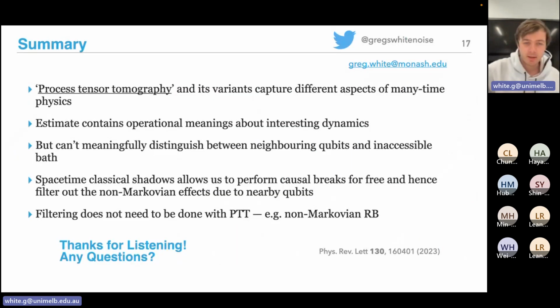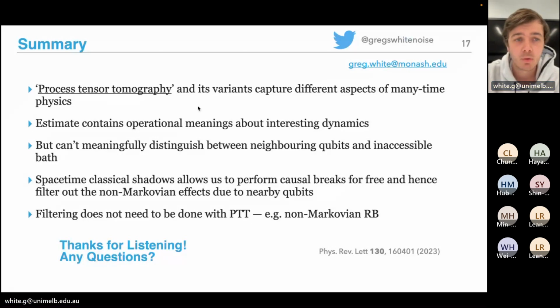Cool. So I hope I conveyed this clearly, but this is the basic premise, which is that we can use these techniques of process tensor tomography to determine temporal correlations, but they don't allow us to distinguish between origins of those temporal correlations, so different parts of the environment.